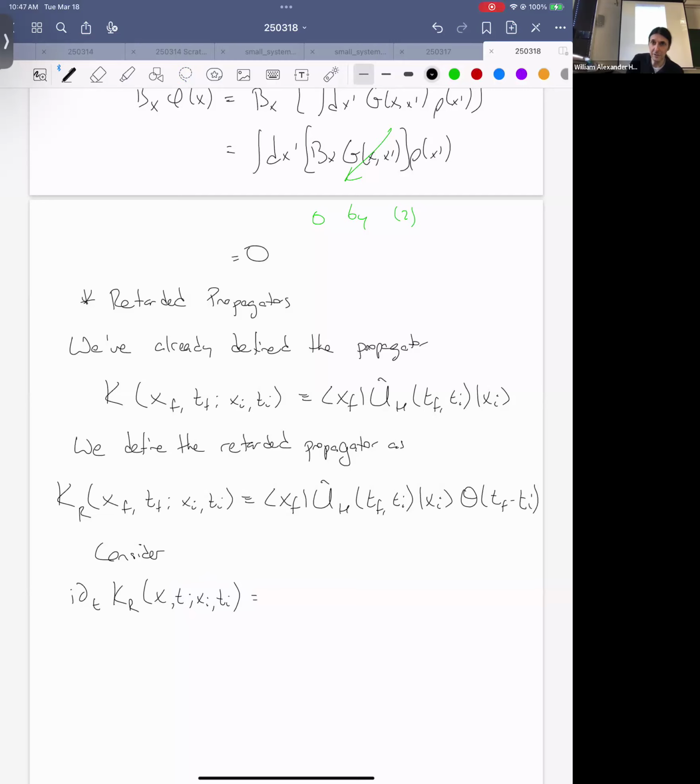This will be my last derivation for today. So i partial t of x, time evolution operator from t0 to t acting on x initial, and then theta function t minus t initial.